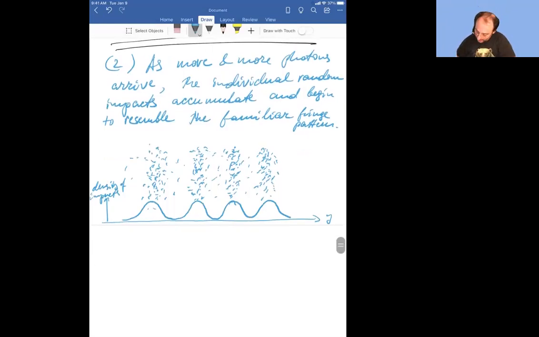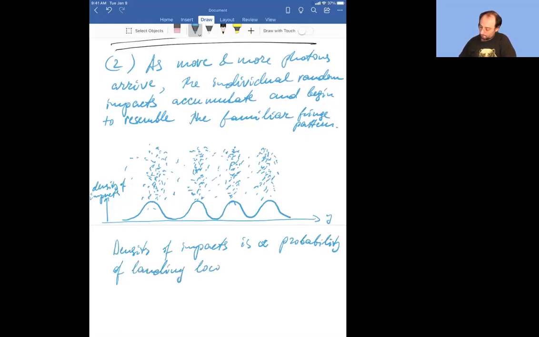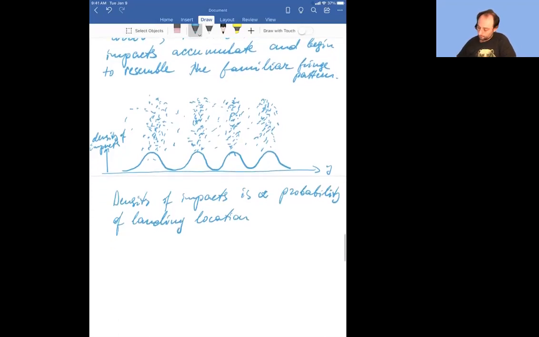So the density of impacts is proportional to that probability. This is a very important observation. I really should do this in red color.